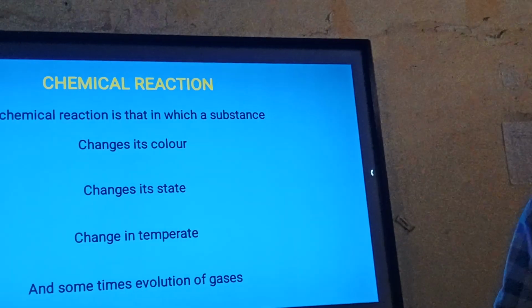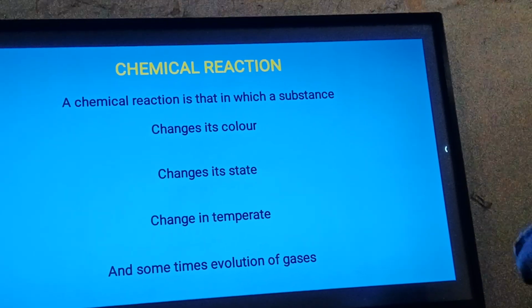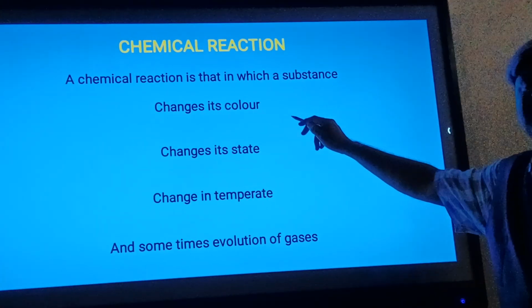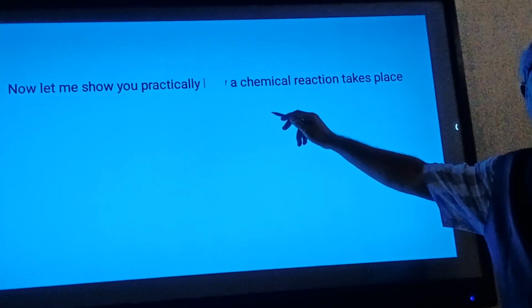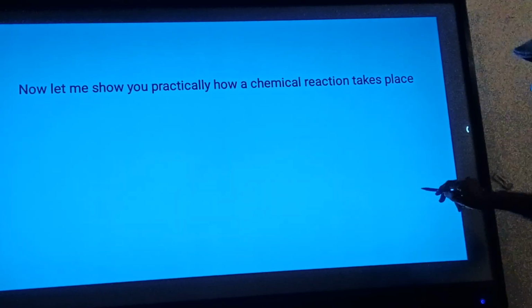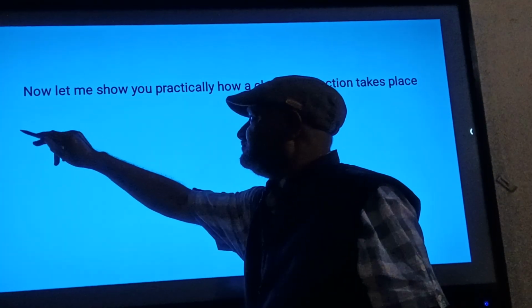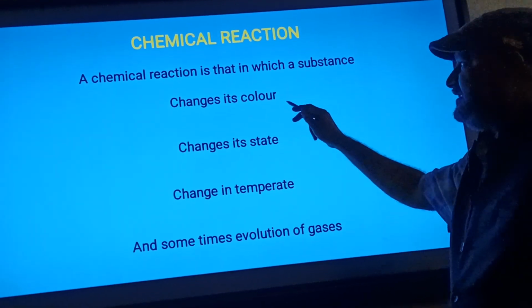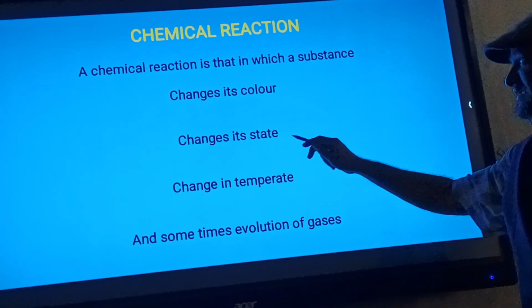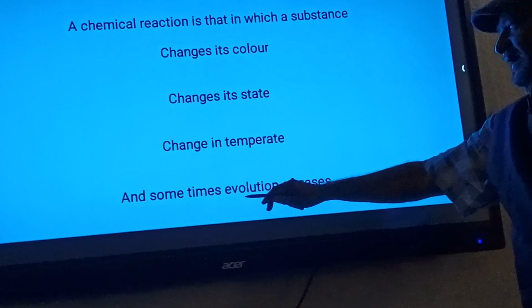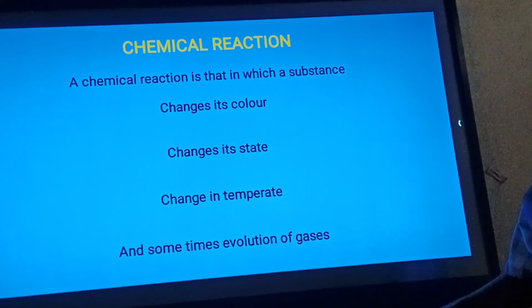A chemical reaction is that in which we can have either change in color of the substance, change in state, change in temperature, and sometimes evolution of gases.